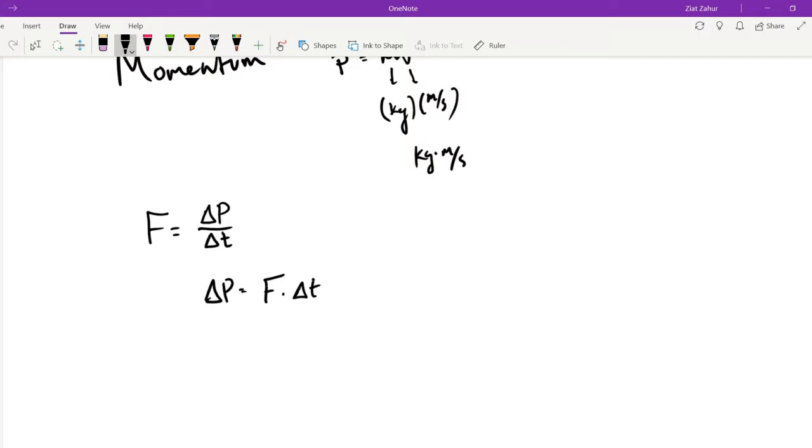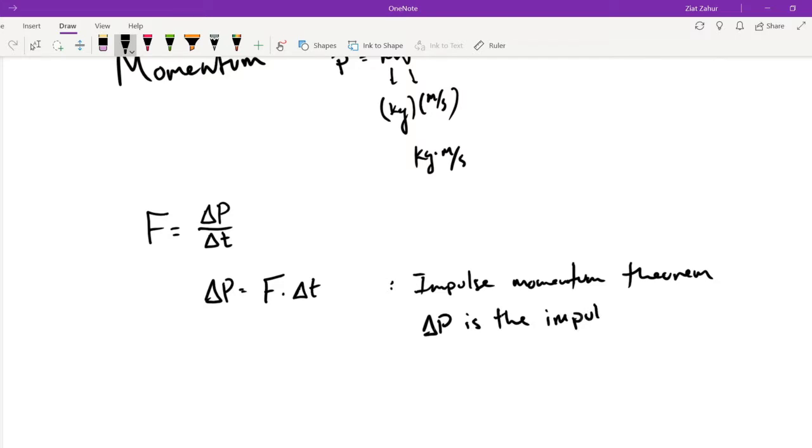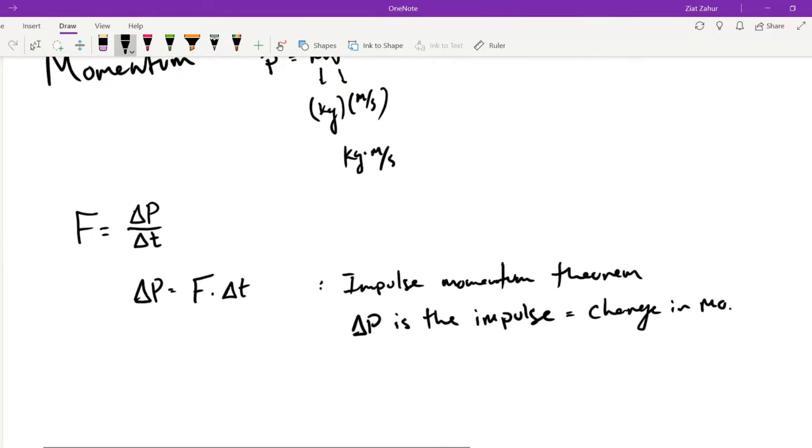This is the impulse momentum theorem, where Δp is impulse, which is also the change in momentum. I'll just say change in momentum.